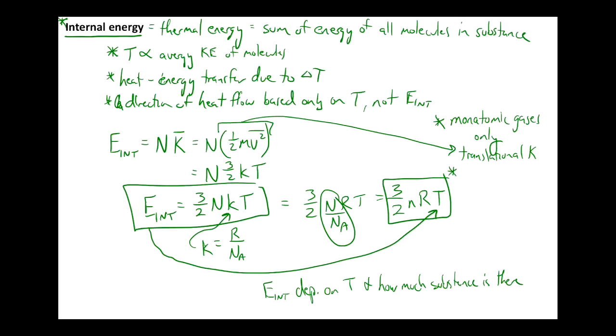So we should say if there's more than one atom, then you could have rotational and vibrational kinetic energies as well. And we'll address that just a little bit in a later chapter.